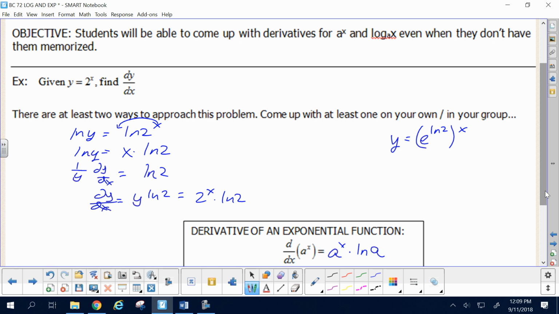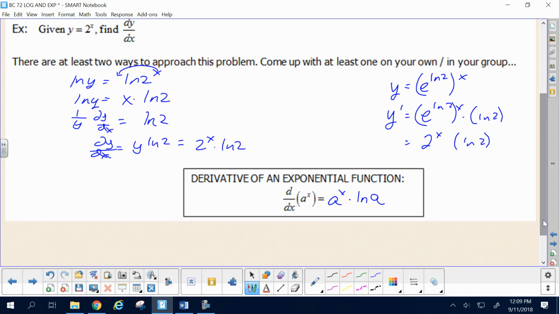You could do that and differentiate with a chain rule. y prime is e to the log 2 x times the derivative of log 2, and this then is 2 to the x. That's at least a couple of ways to skin a cat.